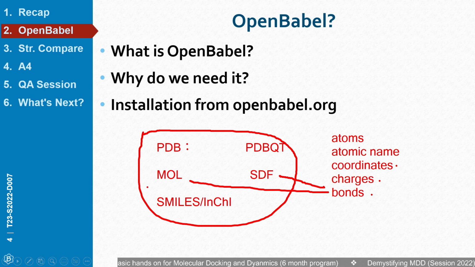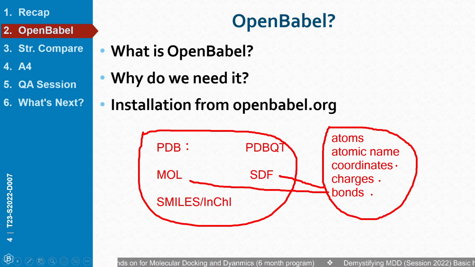So these file formats have this information as per their requirement or their structure. So to convert from PDB to PDBQT, or PDB to SMILES, or SMILES to PDB, we need a package, and that package is OpenBabel. So think of it as two people who have different languages, like if one person knows German and another knows English.